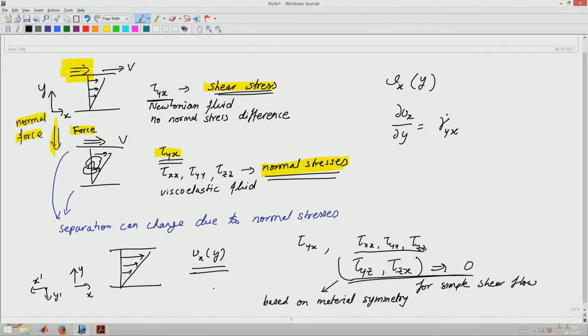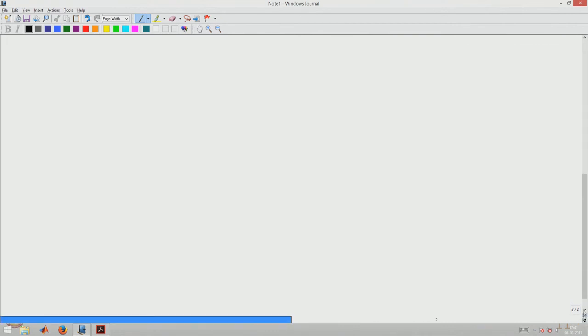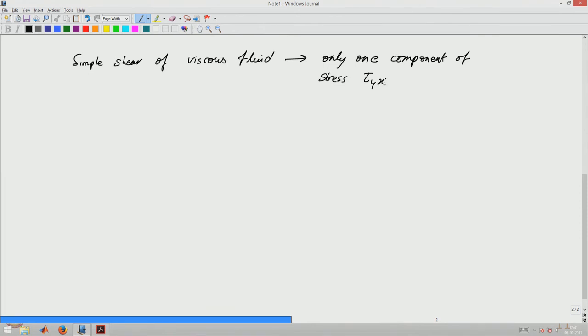So, unlike the earlier case of simple shear flow of viscous fluids, where we had only one component of stress, which is tau yx, in fact, all our earlier development we did with only this one component.